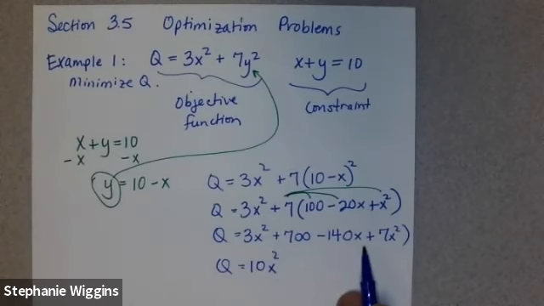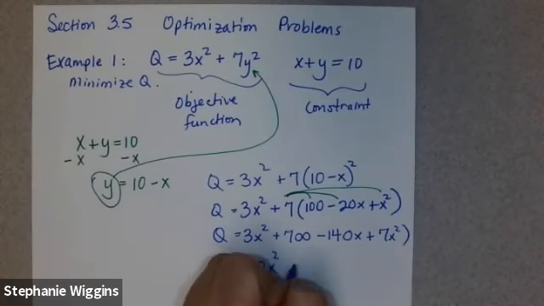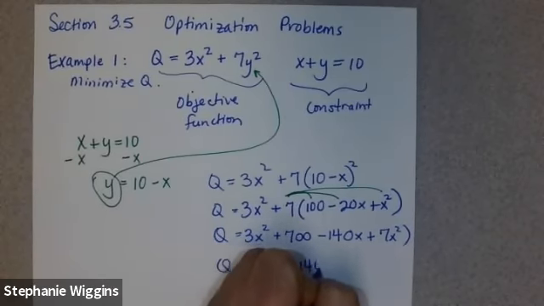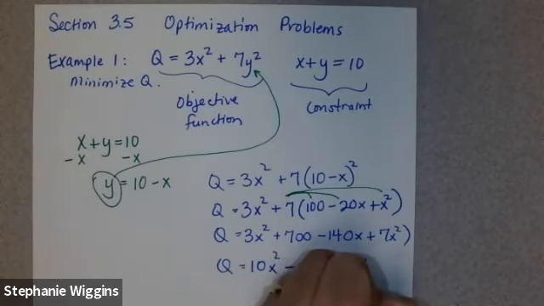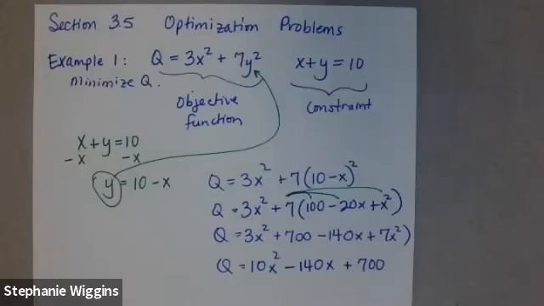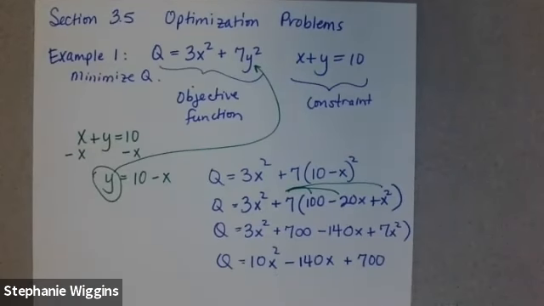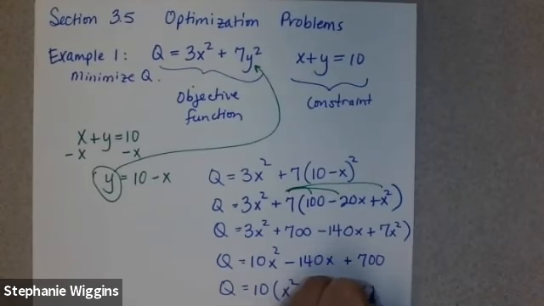And I like to put it in descending order. So here's the x squared term, now the x term, and then finally the constant, 700. And we can go ahead and divide out by 10. Notice that each term has a common factor of 10. So this is going to be 10 times x squared minus 14x plus 70.